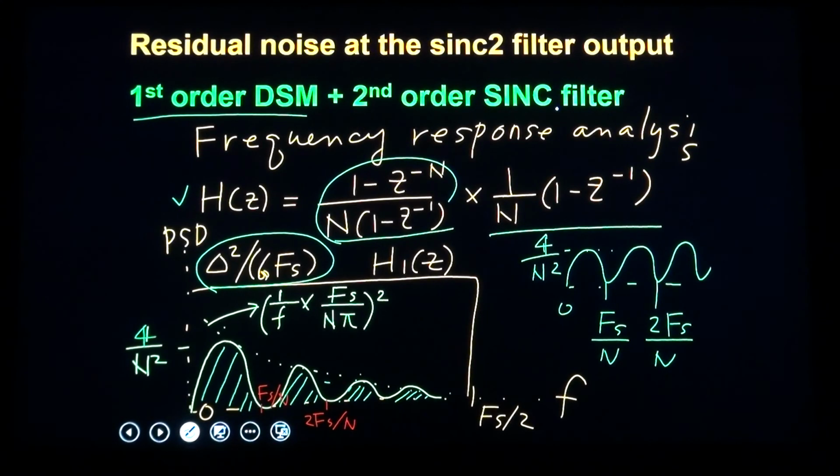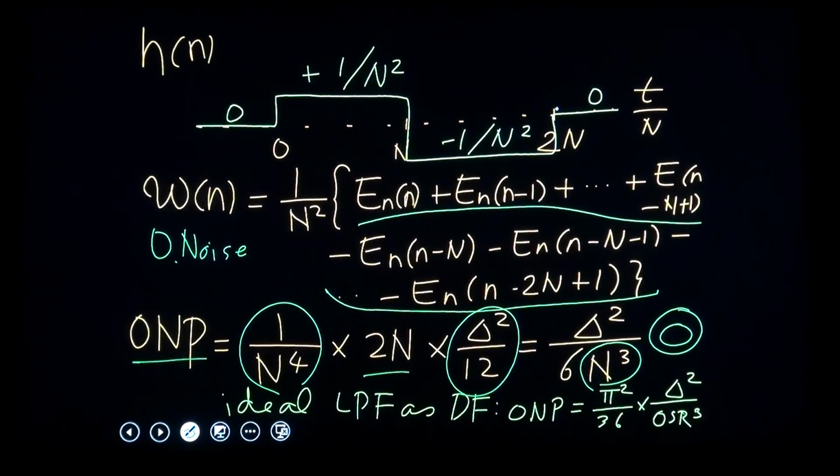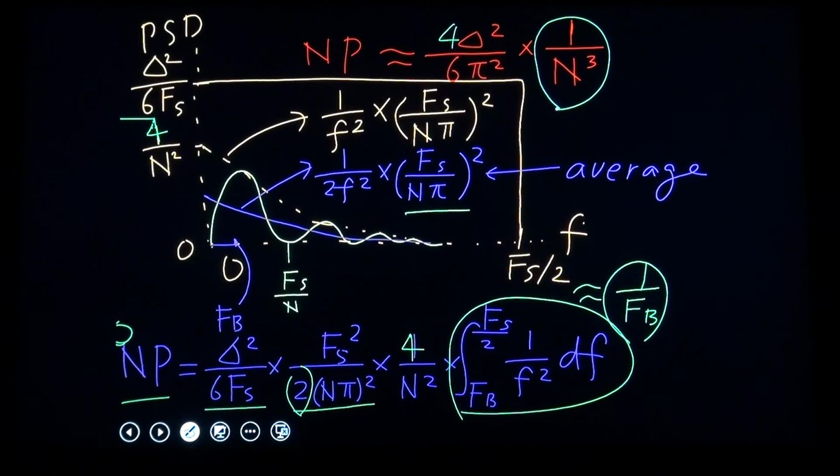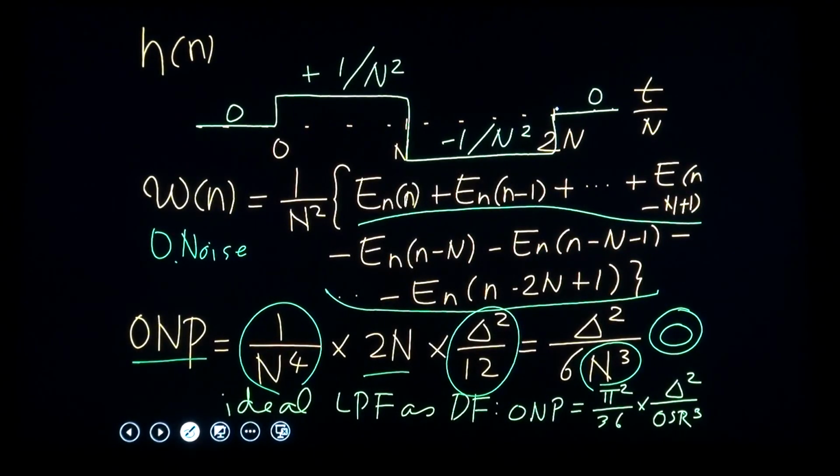impulse response analysis. Where is the impulse response analysis? Here my output noise power is 1 over 6, right? There is a 4 times larger factor. How come? This is 6 times 4. Oh, there is a pi squared, right? This is only 1 over 6.